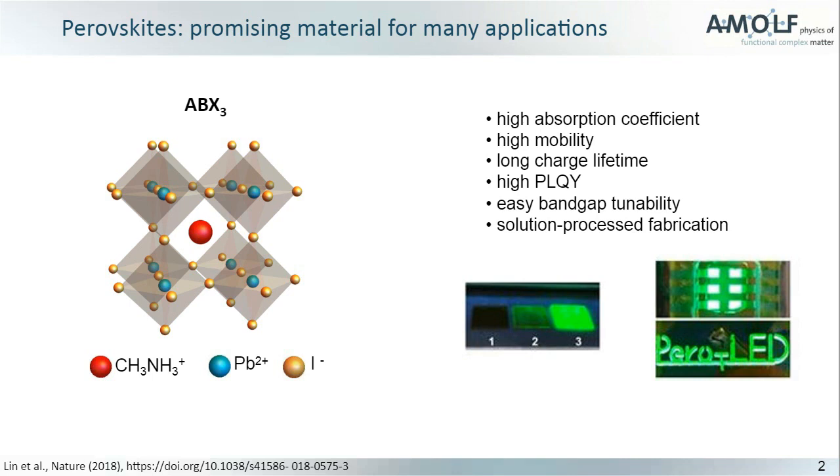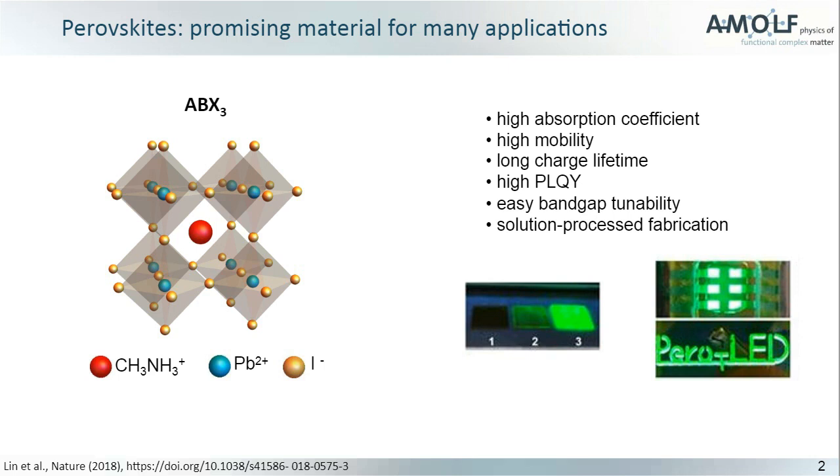The perovskite is made of repetition of octahedra, where in the middle we have a bivalent cation, in this case lead 2+, and this coordinates 6 halides, in this case iodide. And in the middle we have a monovalent cation, which can be either organic or inorganic. In this talk I will focus on the organic monovalent cation, which is the methylammonium.